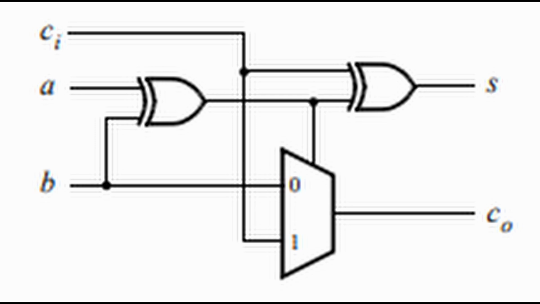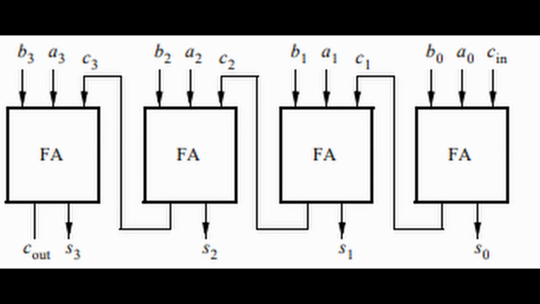And then to make a 4-bit ripple adder, you have to connect, as this diagram shows, the first adder's C out to the second full adder as a C in, and then you will have the inputs A1, B1, A2, B2, and so on.